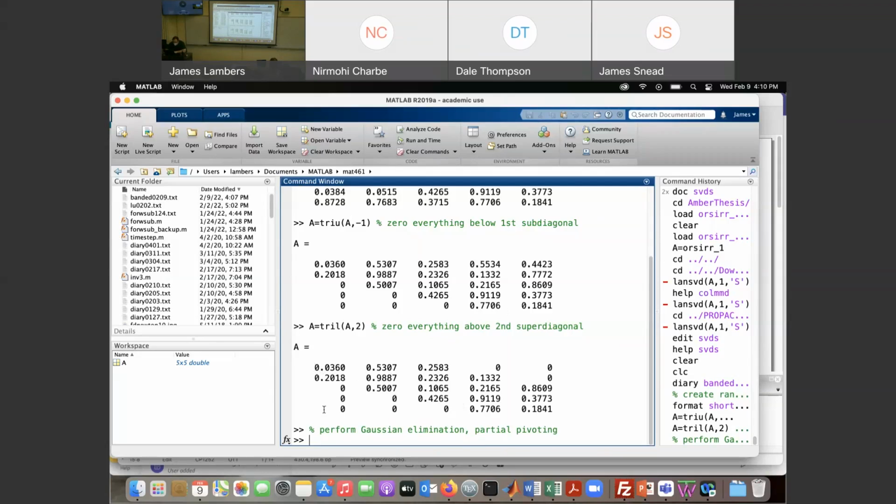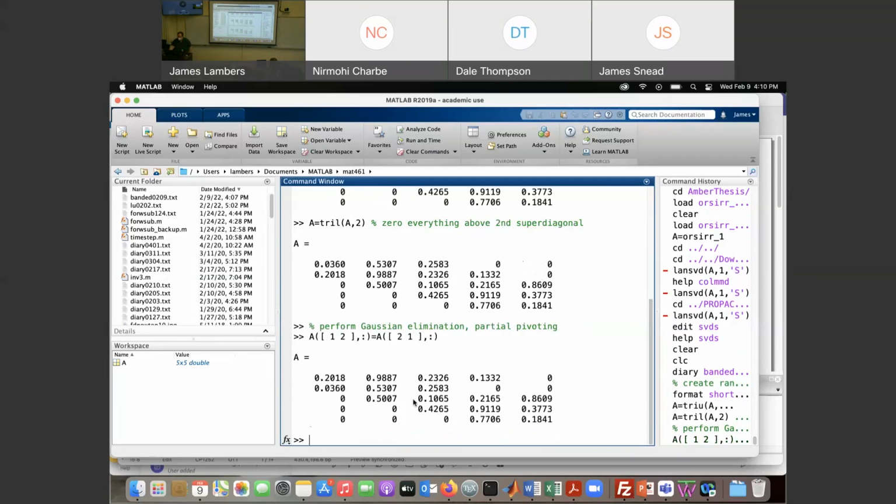So what I'll do is rows 1 and 2, all columns, will be equal to rows 2 and 1, all columns. That will perform the swap. And you see things are already messed up, we've already gone outside the band. Then I will perform a row operation to zero out this entry.